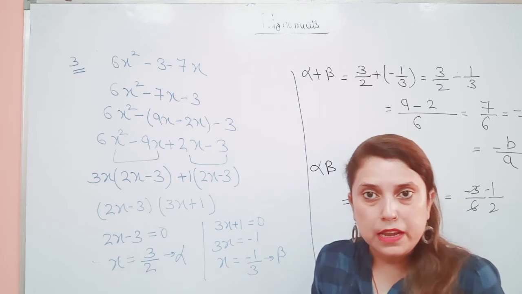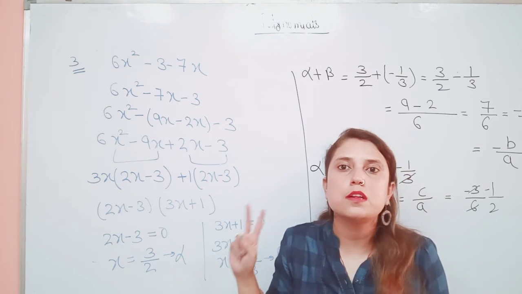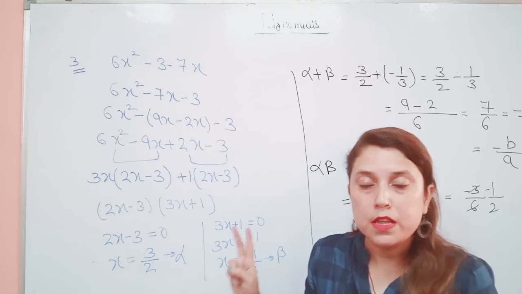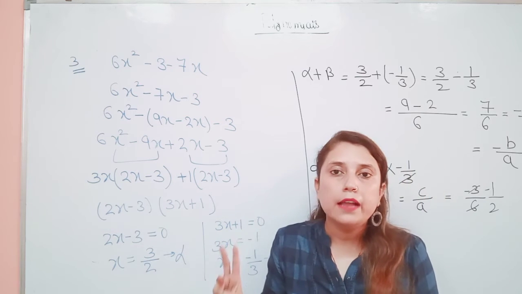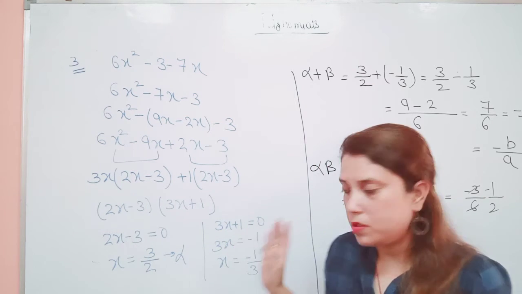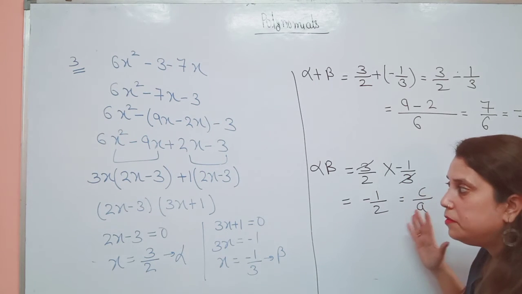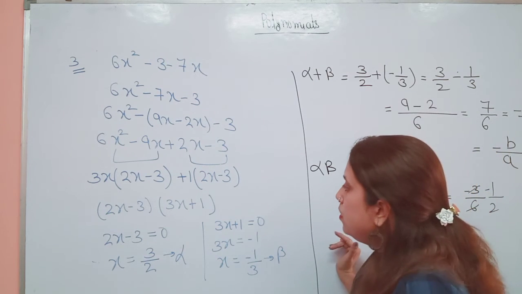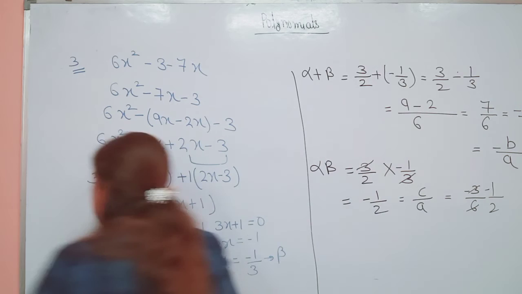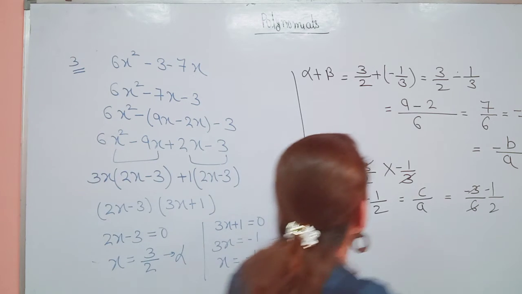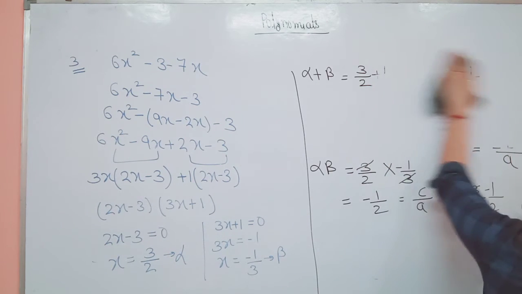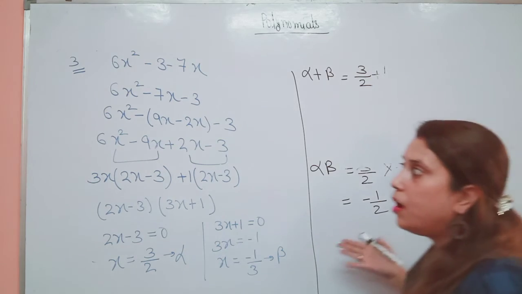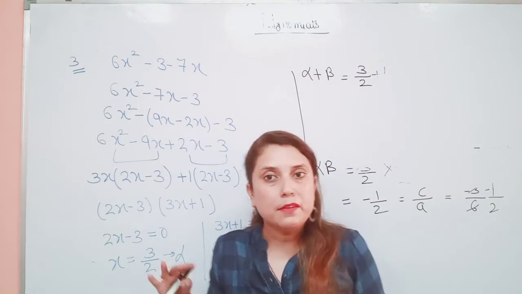And what is the relation? Sum of zeros, sum of product of zeros taken two at a time, and product of zeros. Okay beta? And the rest of the questions of exercise 2.2 I think you will do as homework, and if you have any doubt you can ask me on my WhatsApp number.